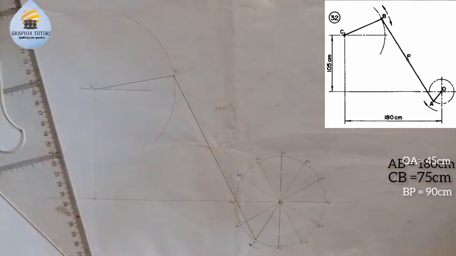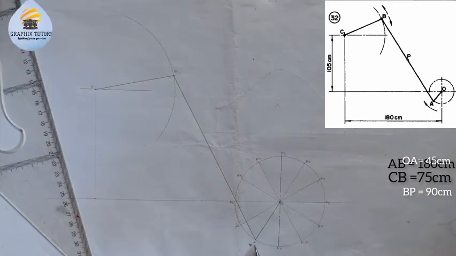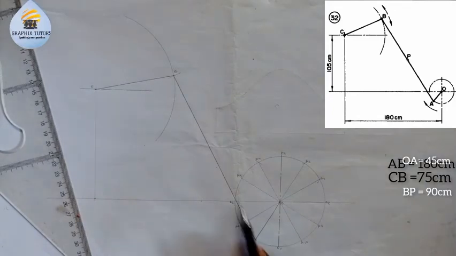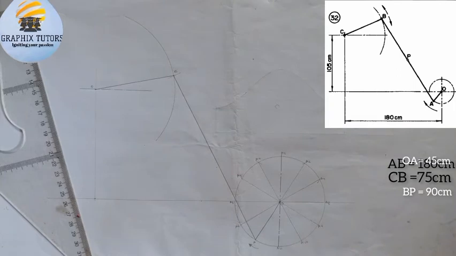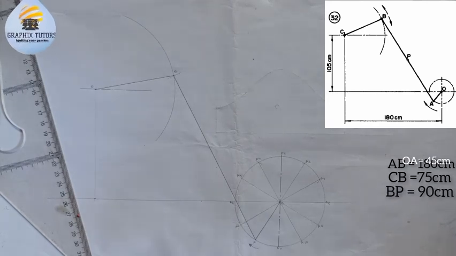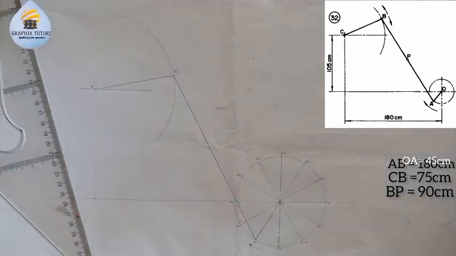So if you look at the question very well, we are now given another point. This is OA, this is AB, this is CB. Still remaining one point, and the point lies along this arc here, right? So what is that arc there? Either you call it AP, right? So the point AP here, or you say BP. Either you call AP or BP, but in the question we are given BP.